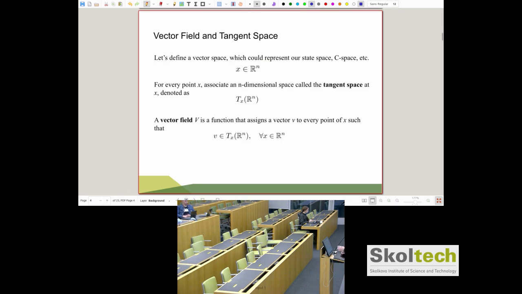Okay, a little bit more formally, but not much. Now, if you remember on lecture 3, we were defining configuration spaces being a very complicated thing. Let's make things a little bit easier for explaining the vector field, and let's say that what we have as our configuration space is just a standard Cartesian space, R^n.